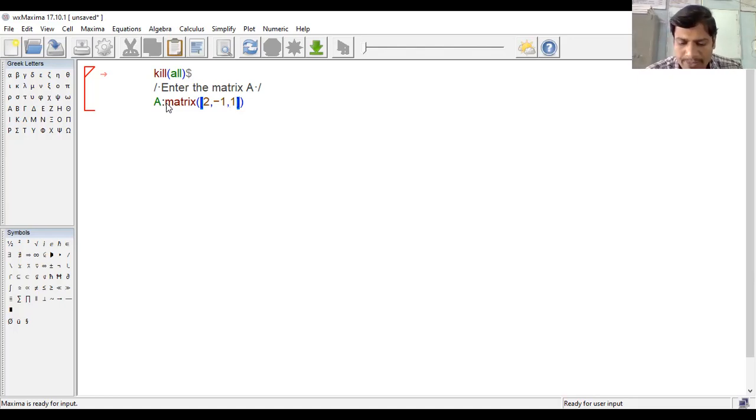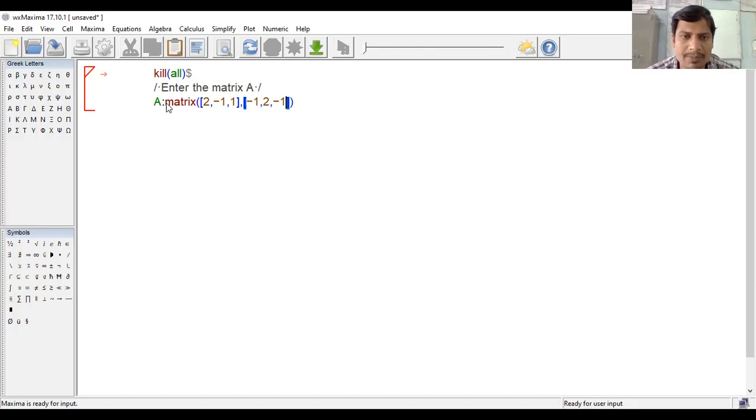Next, go to the next comma, then go to the second row. Square bracket open, then the second row is 4, 1, minus 1. 2, minus 1. Then 2 comma 2 comma minus 1.